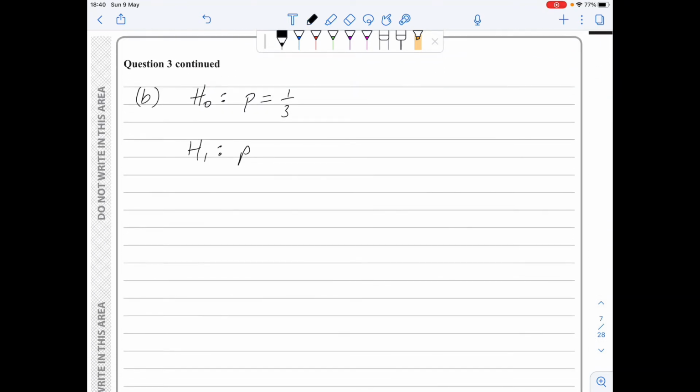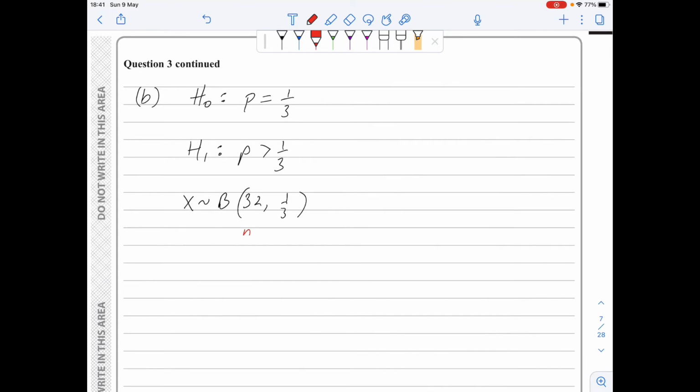So my alternative hypothesis will be P bigger than 1/3. Again, I'll need to define my variable. Since x is the same, I'm not going to write it again, it's the number of games he wins, but this time x follows binomial 32 and 1/3.